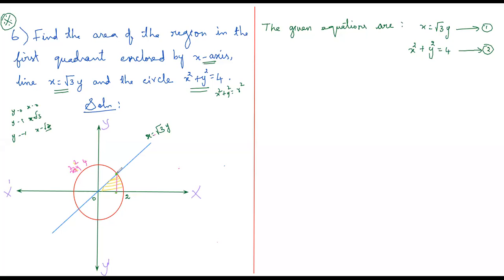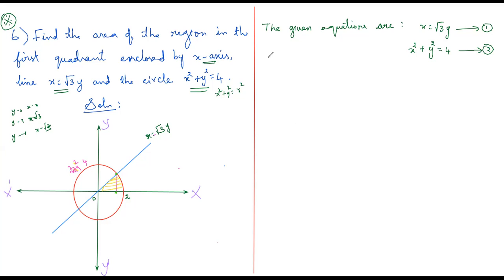This is the point of intersection of the line and the circle. The point of intersection can be found by solving the equation of the line and the circle. The equation of the line is x is equal to root 3 y, and that of the circle is this. So let us solve it.